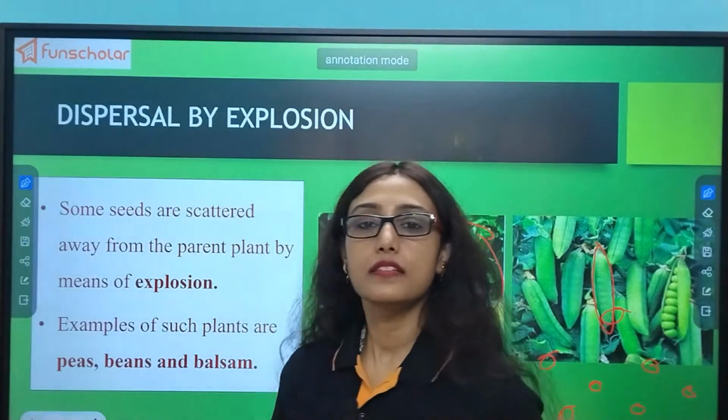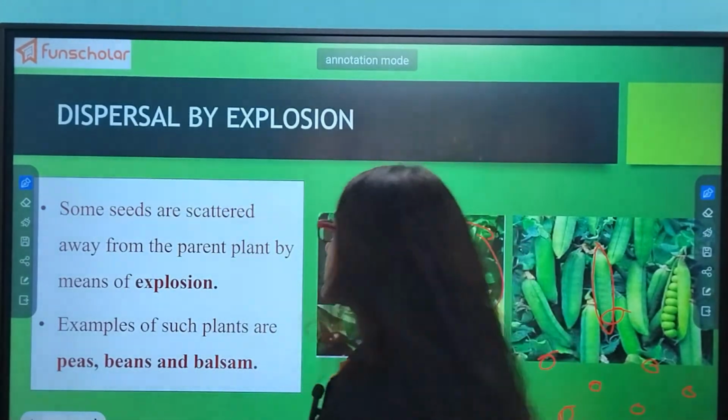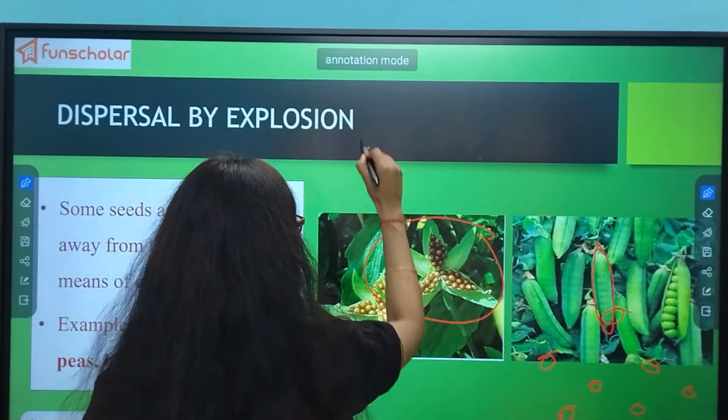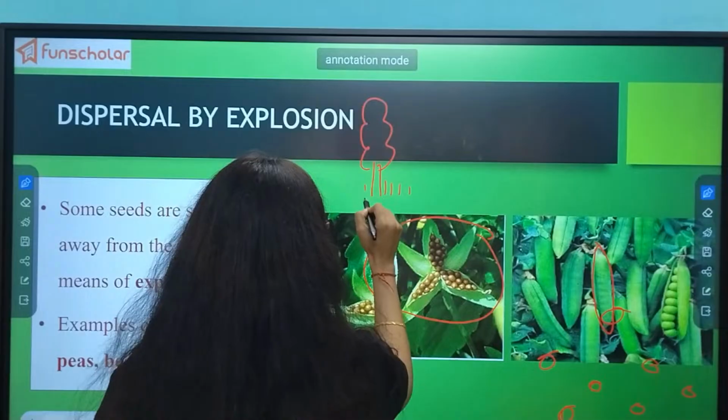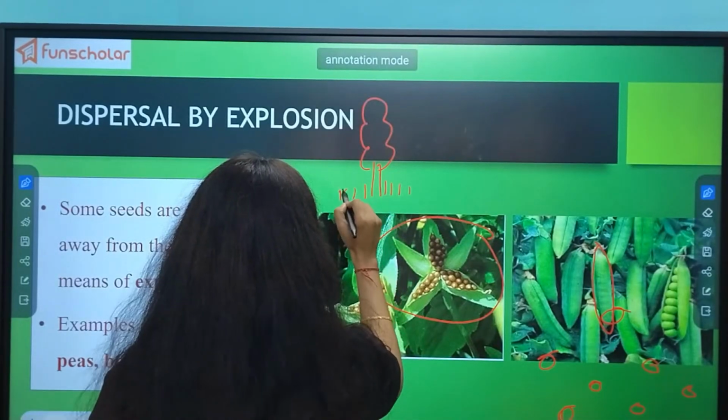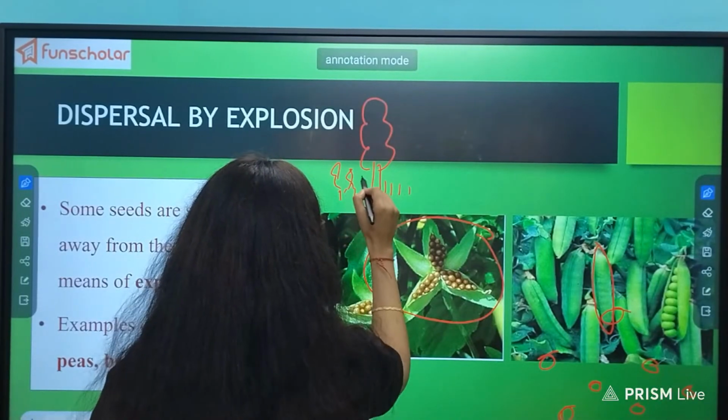And why is seed dispersal necessary? Suppose this is a tree and all the seeds fall in the same place. Okay, some will grow, some will not grow.